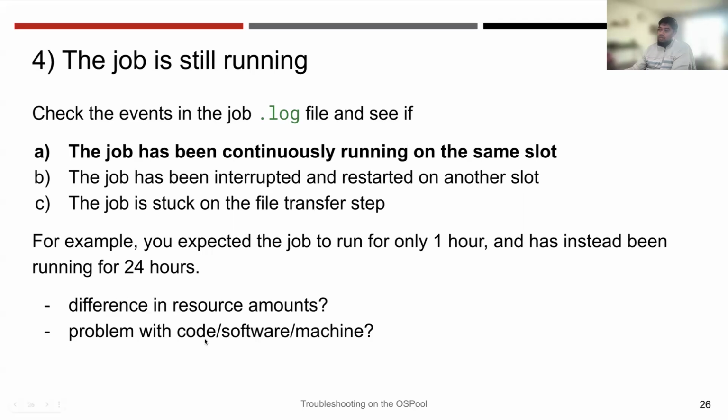For those cases, I would ask you to look at where you're getting that 1 hour expectation from. And if everything matches, like you have run the code previously asking for a single core with that much memory, then you need to look for issues or problems with your code, software, or the machine that your code is running on.